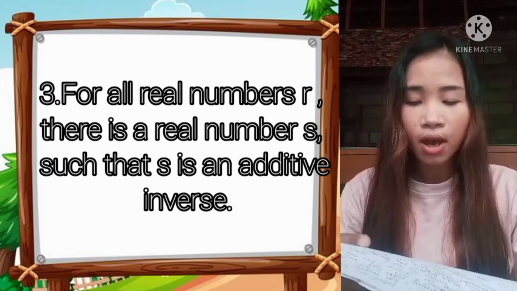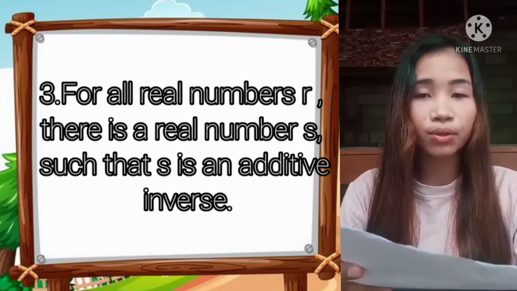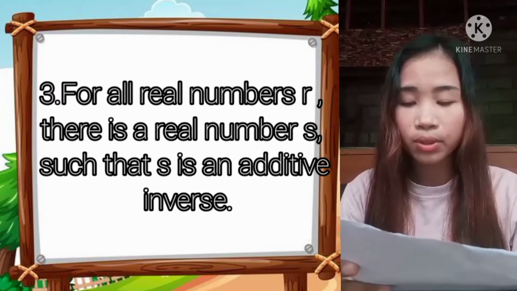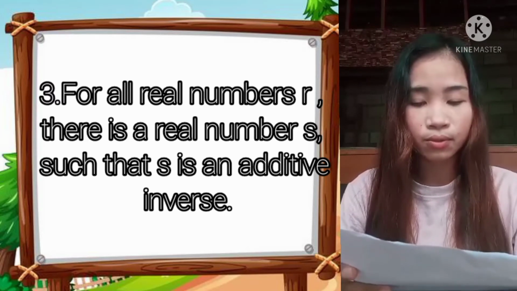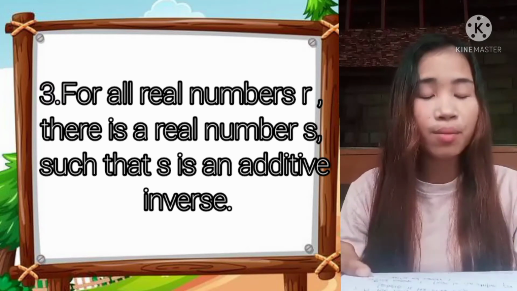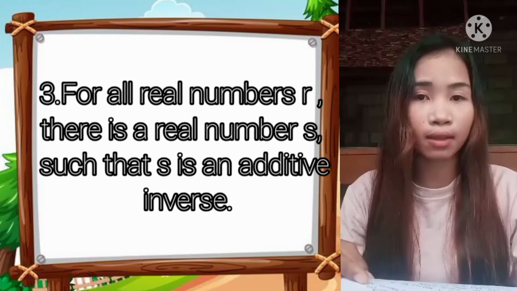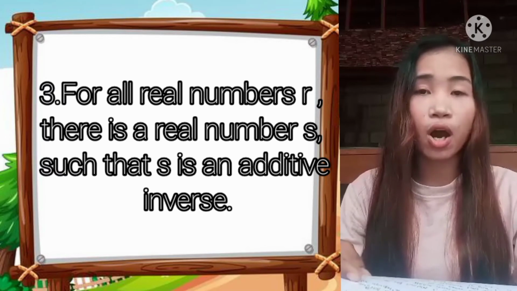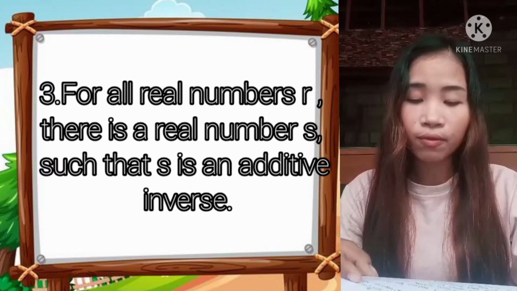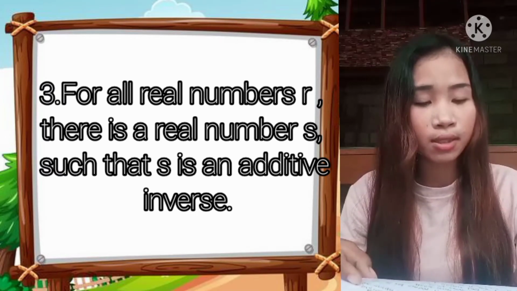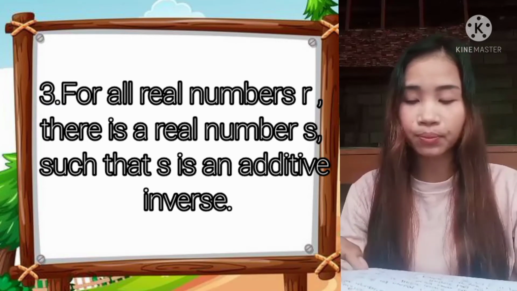So here, R is the real number while S represents the additive inverse. Therefore, if your R is positive, then your S is negative. Or, if your R is negative, then your additive inverse S is positive.